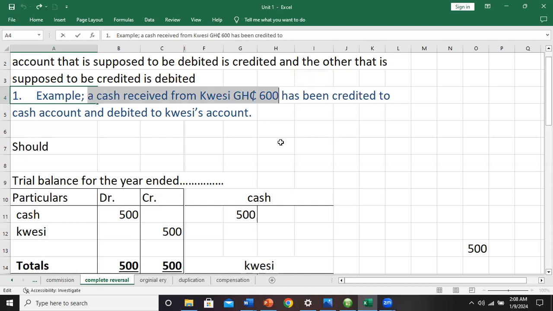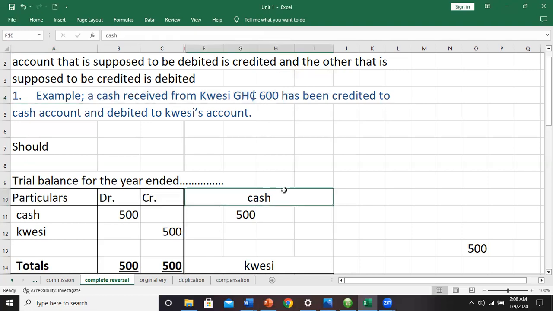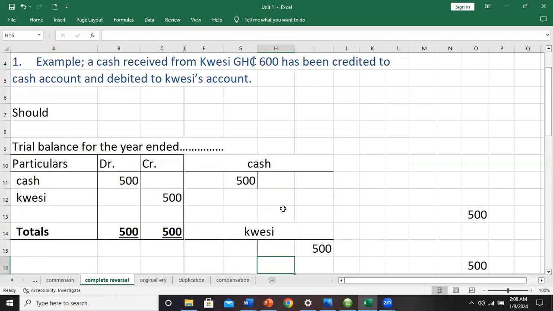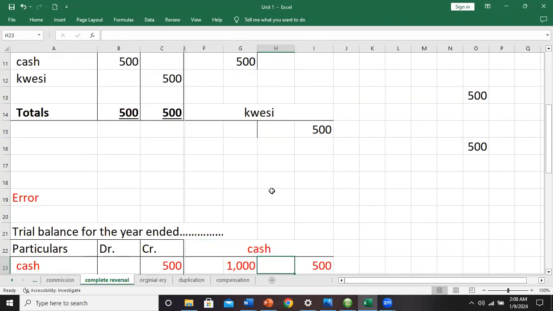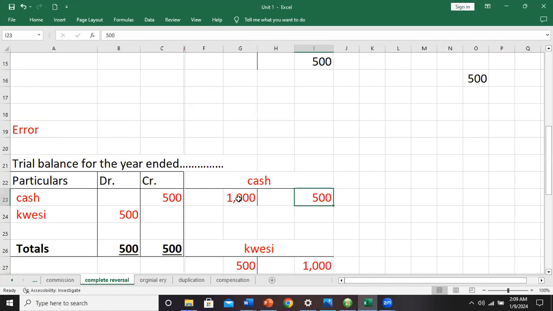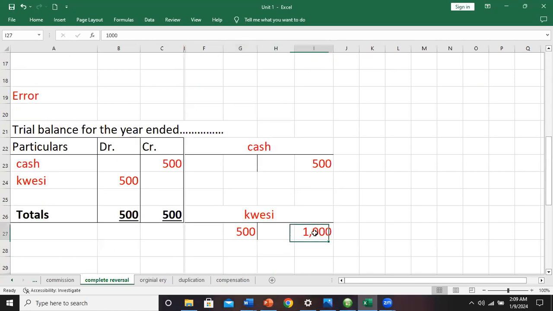So the correct thing was debit cash and credit Kwesi, as you see it here. But this bookkeeper reversed the entries. So instead of debiting cash, he credited cash, and instead of crediting Kwesi, he debited Kwesi.